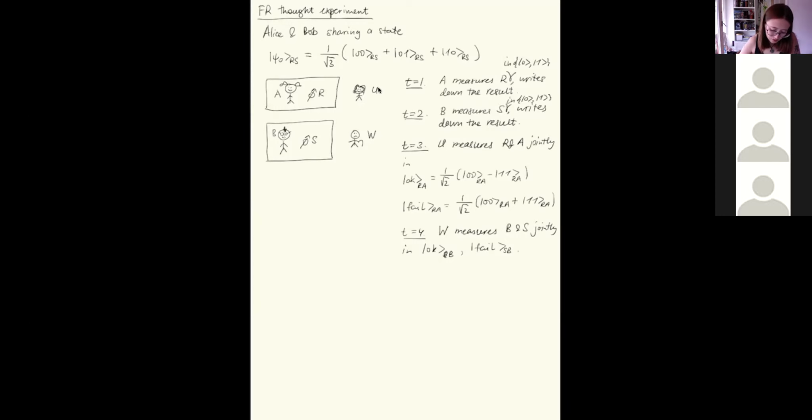First, we calculate the state just before Ursula starts to measure A's lab, so systems R and A jointly. This is just after B measures system S and writes down the result to his memory.